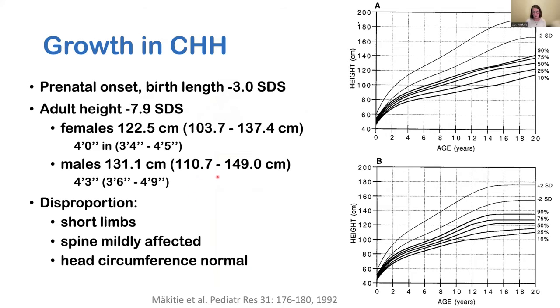But males are a little bit taller than females, and these are the growth curves, normal plus and minus 2 SD curves, and the CHH curves for males and females here below. And these are, as I mentioned, quite old, but still valid today. So the patients are short, but they also have disproportionate short stature, meaning that they have short limbs. The spine is usually very mildly affected, meaning that the spine is quite long, and the head circumference is normal.